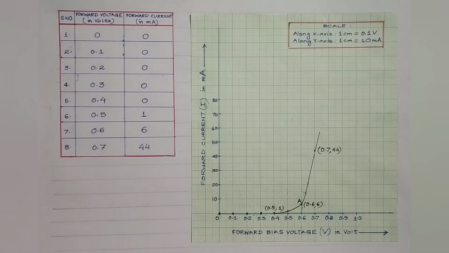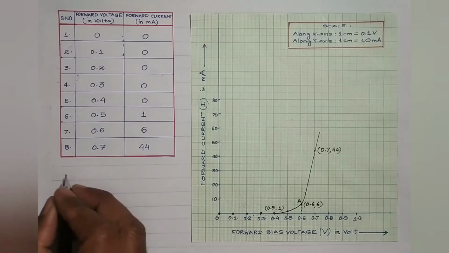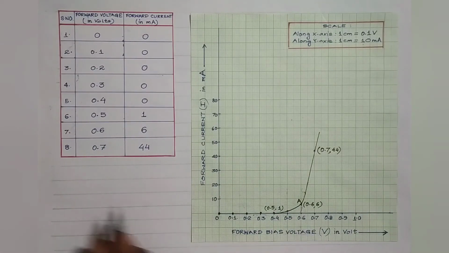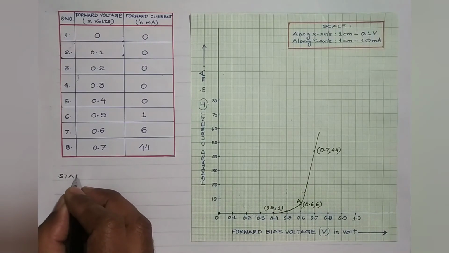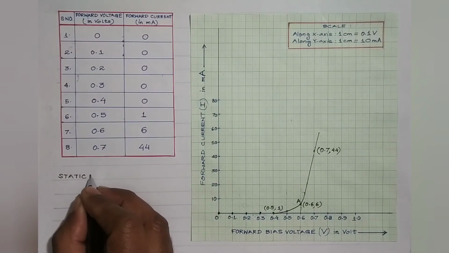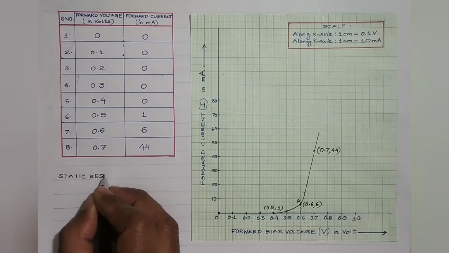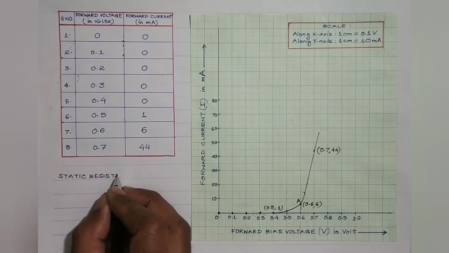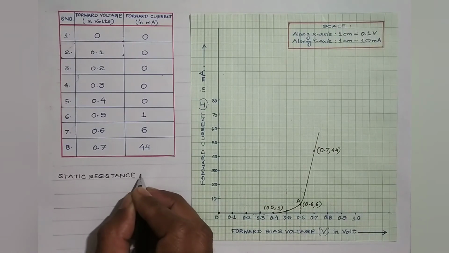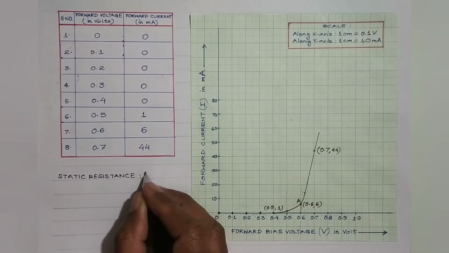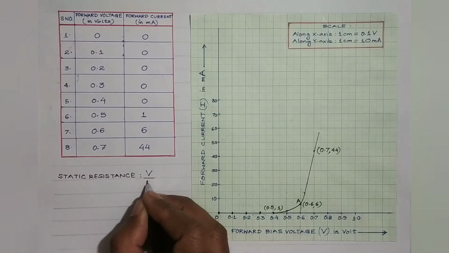So now let's calculate the static resistance and the dynamic resistance. Now corresponding to point A, the static resistance would be, as I've stated earlier, static resistance is also known as the DC resistance. It doesn't depend upon the applied voltage, right? And it's simply defined as the ratio of the voltage to the current.